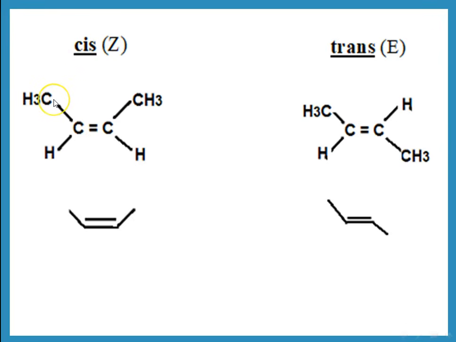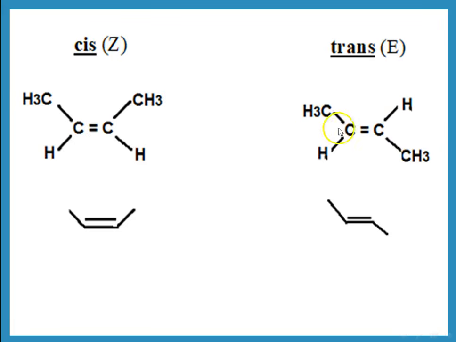We know that the carbon has the higher atomic mass, so that is what we call the first priority. Now, the other carbon on the other side of the double bond also has the carbon on that side of the double bond. So both the ones with higher priority are on the same side. This is called a cis isomer or a Z isomer.